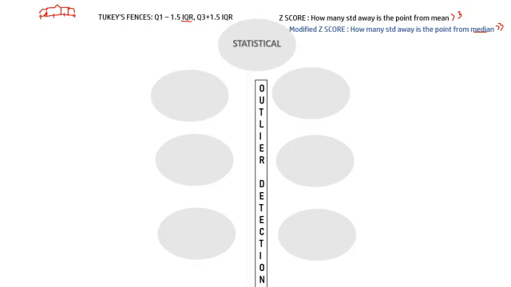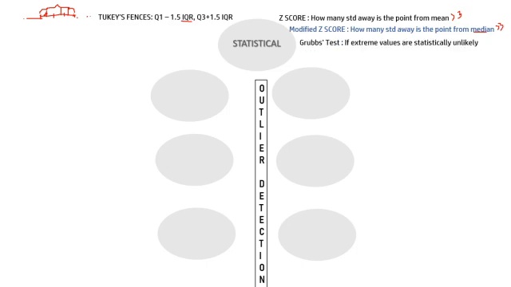This is quartile 1 and this is quartile 3. Anyways, if there is any data point which is 1.5 times the interquartile range below quartile 1, or 1.5 times the interquartile range above quartile 3, then that point becomes an outlier.